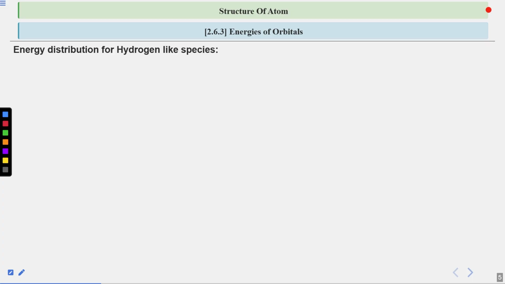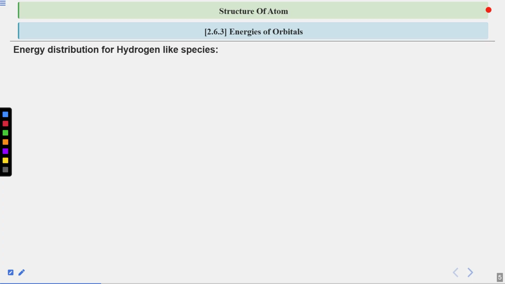Then if you take He+, we are not taking the neutral helium, we are extracting one electron from it and taking the positively charged helium ion. Of course, if one electron is removed, helium will also have one electron. Similarly, lithium, beryllium, all of these, if we remove the necessary number of electrons and keep the electron count as 1, then the species formed will be called hydrogen-like species.